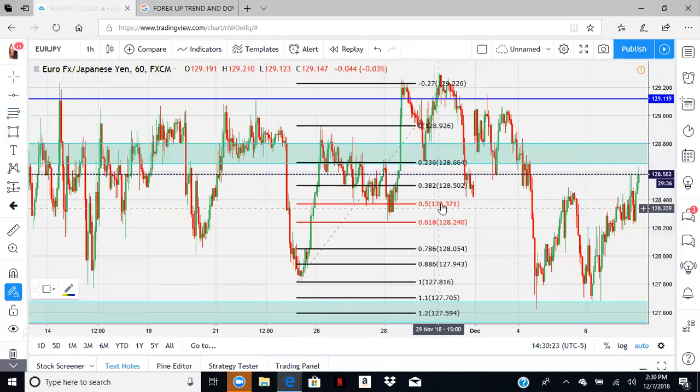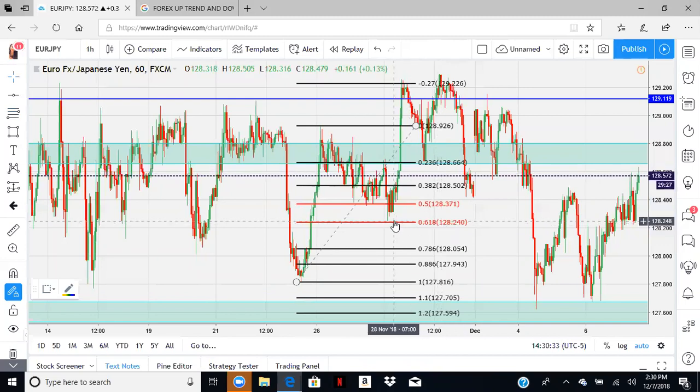And I have my 50 and my 618 highlighted on fibs. Those are the only levels that I'll trade when I use fibs. So I told you guys to buy literally right after I saw this reversal pattern off of the 618.